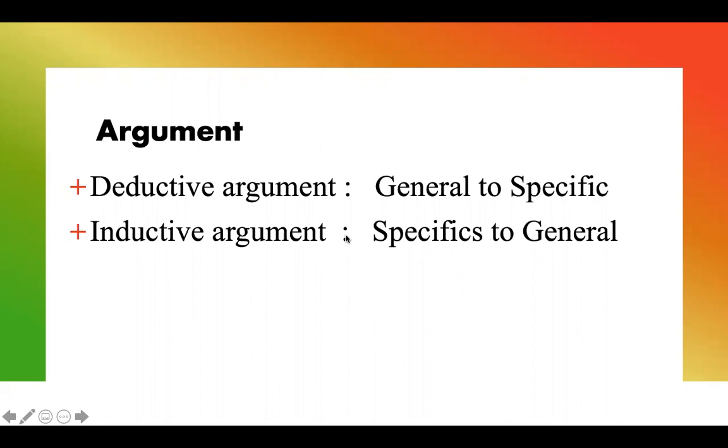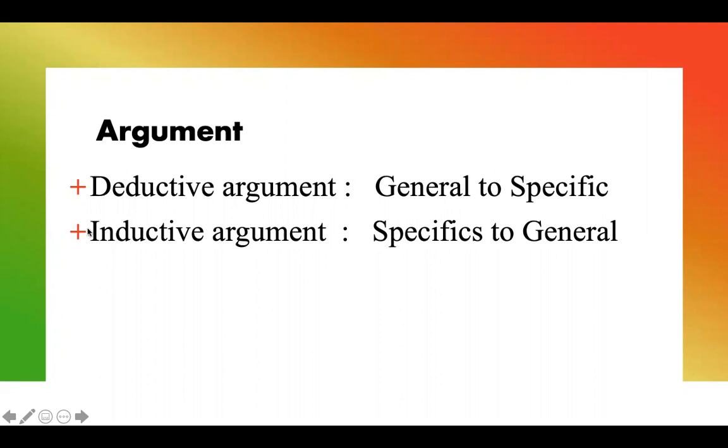So we're going to learn argument. There are two types of argument: deductive argument and inductive argument. Basically, deductive argument is to form a specific conclusion based on a general statement.